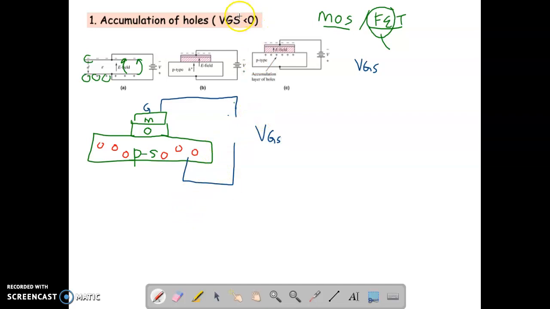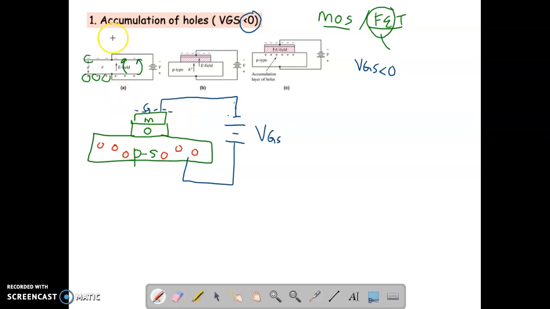So let's say we apply VGS less than 0. What does it mean by less than 0? It means the gate becomes negative and the substrate side positive. When we have the gate negative, it will accumulate negative charge on top of your metal. But can the charge go down to your substrate?